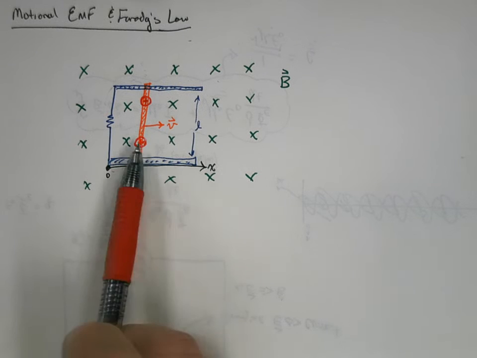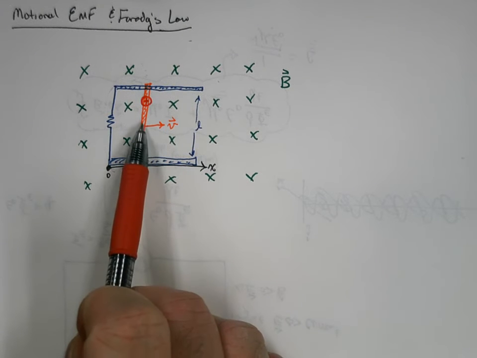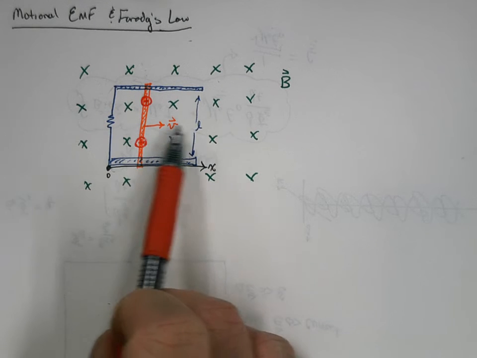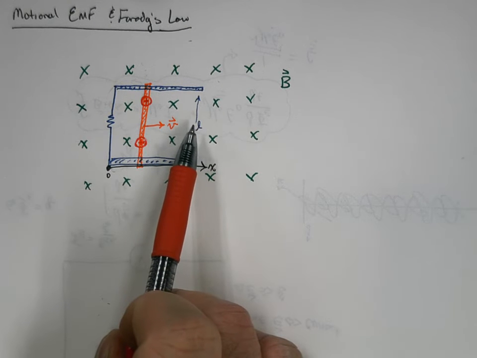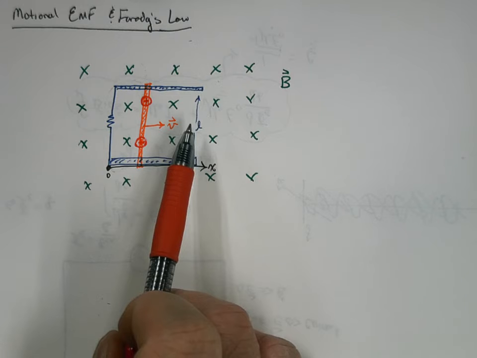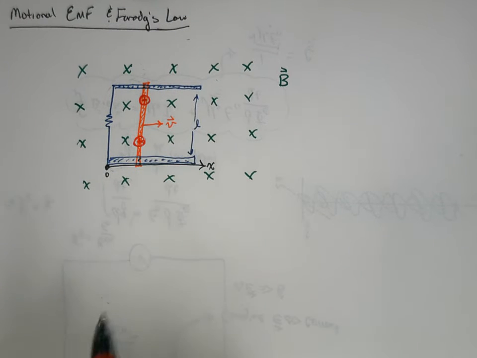So if we move our rail in this direction, where's the positive charge going to want to go? Aha.